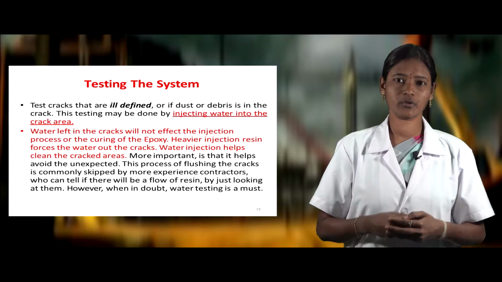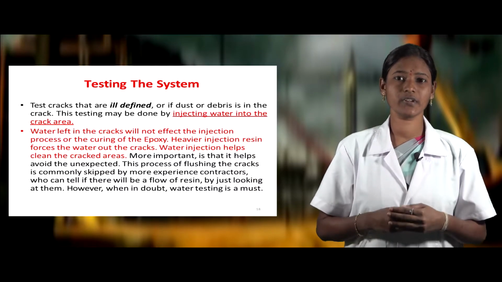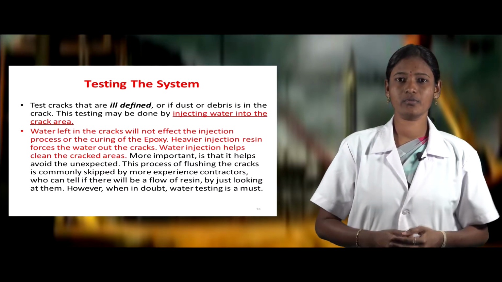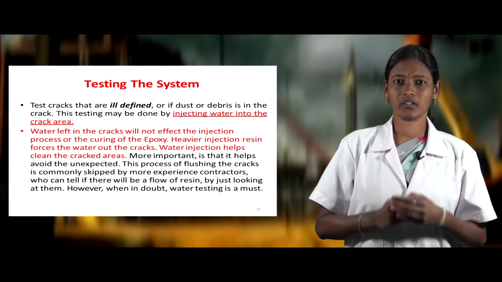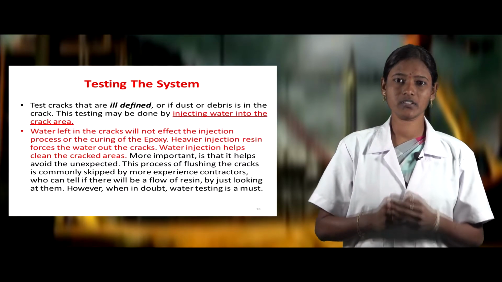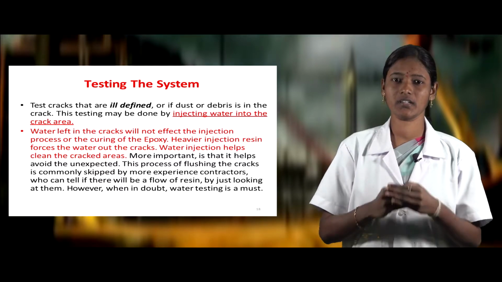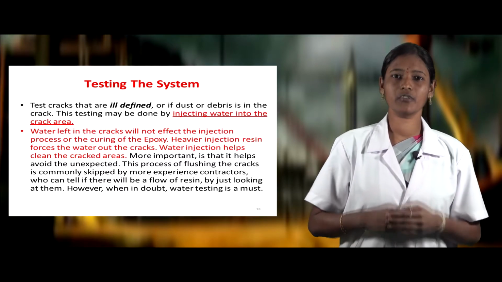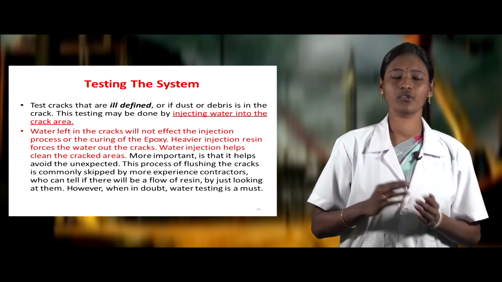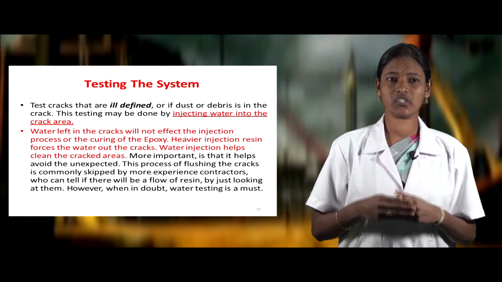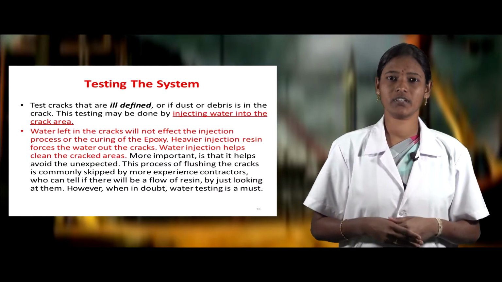Before carrying out the epoxy injection resin process, the crack should be tested properly. In order to avoid ill-defined cracks, if there is dust or debris in the crack, that should be removed by injecting water inside the crack area. Water left in the crack will not affect the injection process or the curing of the epoxy. Heavier injection resin forces the water outside the crack.